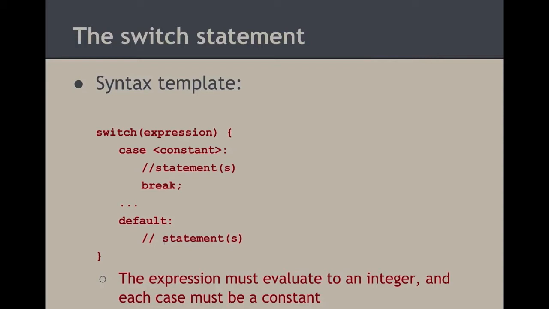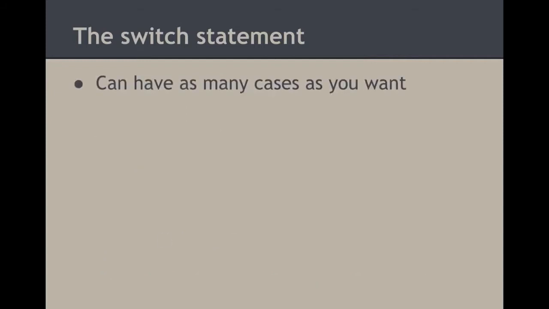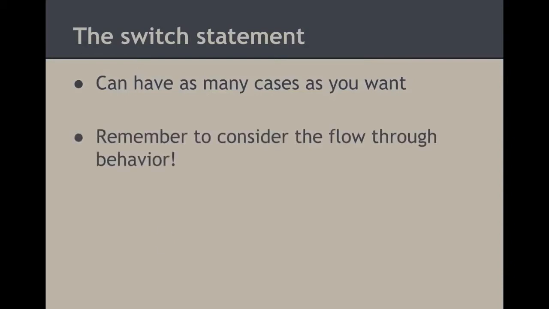Now some things to note about this. First of all, as we've said a couple of times now, you can have as many of those cases as you want. All of them have to be integer constants though. We have to think about the flow through behavior.